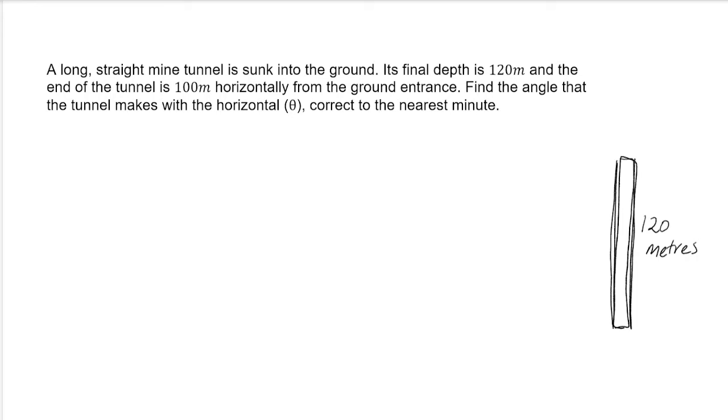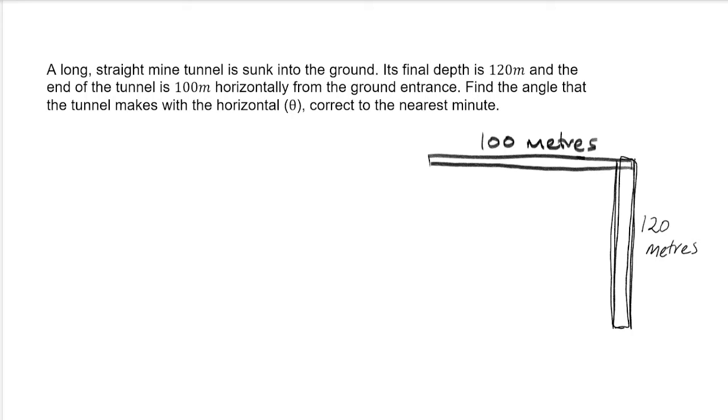The end of the tunnel is 100 meters horizontally from the ground entrance. So this is the tunnel, so this is 120 meters down. Here's the ground entrance. And this distance is 100 meters.